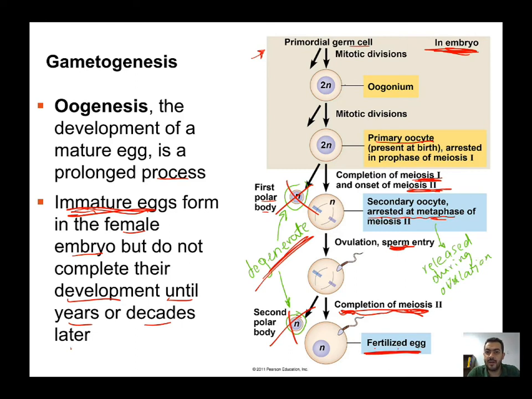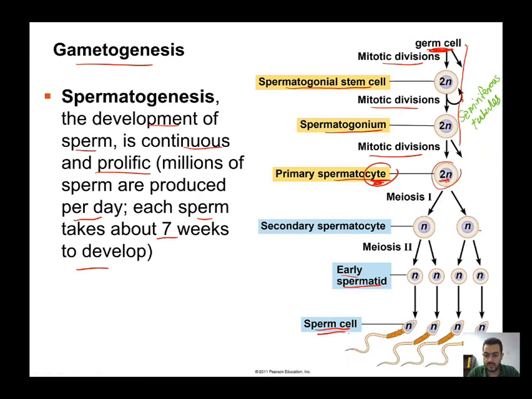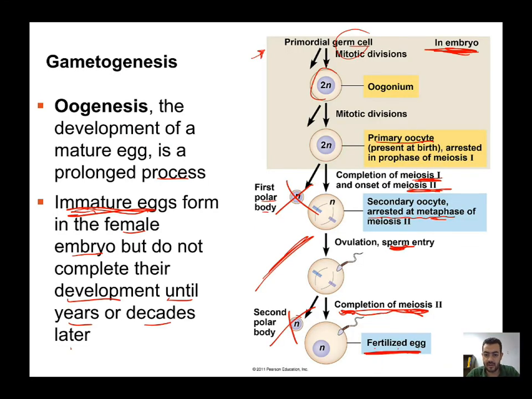So from one germ cell, one oogonium, we ended up with one fertilized egg. If you compare it with spermatogenesis, we end up with 4 sperm cells from 1 germ cell, 1 spermatogonial stem cell. So one cell gives 4 sperm cells. Here, one cell gives 1 fertilized egg.